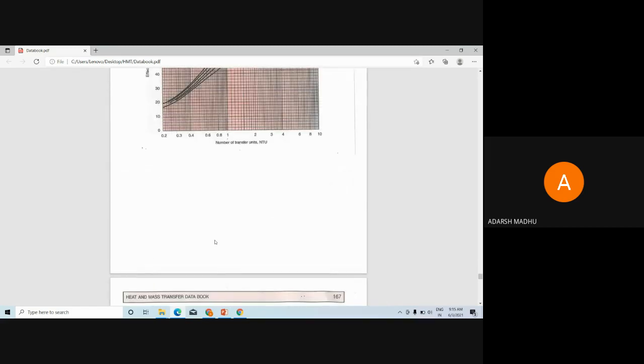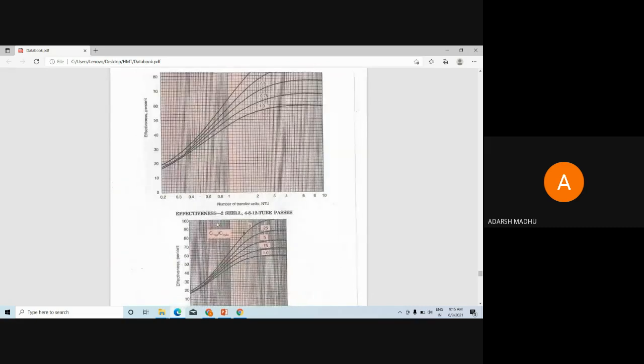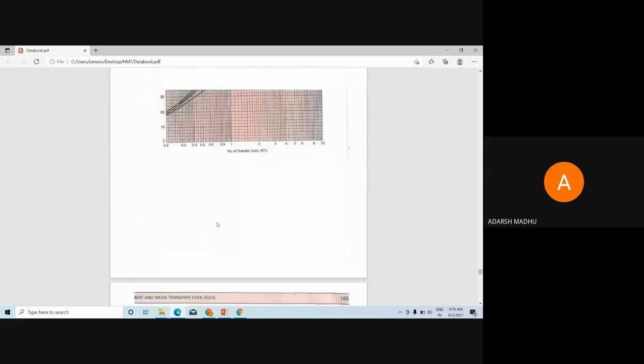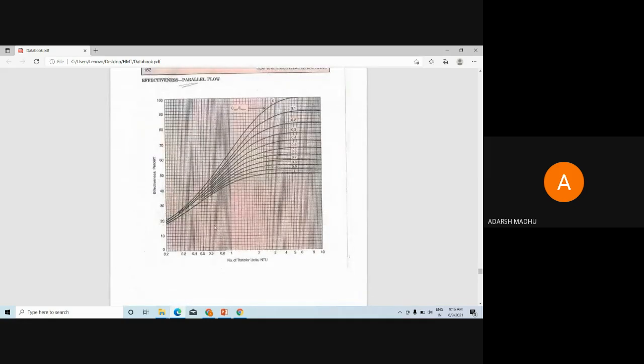This is the graph we use in the NTU method to find the value of effectiveness. Please check the graph here. NTU is on the x-axis and effectiveness is on the y-axis.